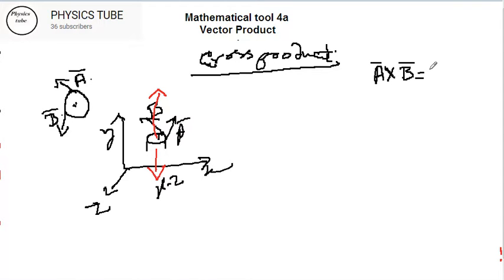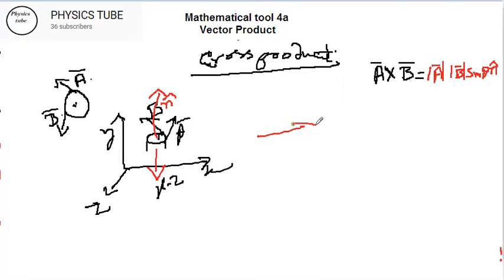So we can write it like this: magnitude of A, magnitude of B, and sine theta, and n hat, where n hat is the third vector. If you have A and B, the third vector is n hat.